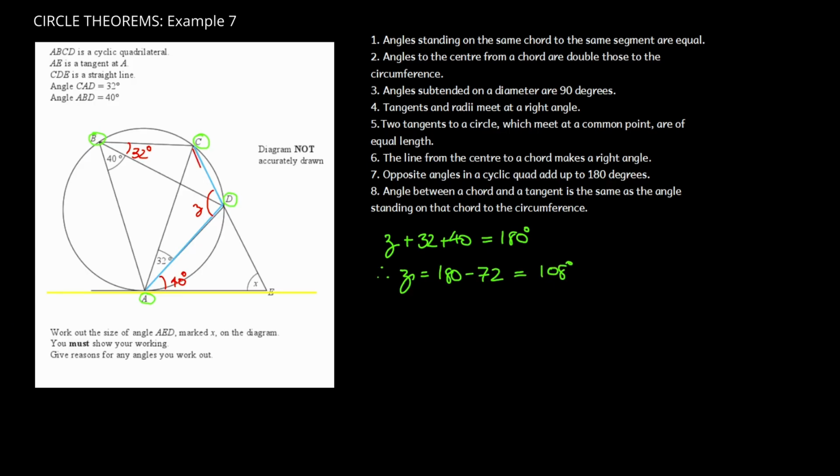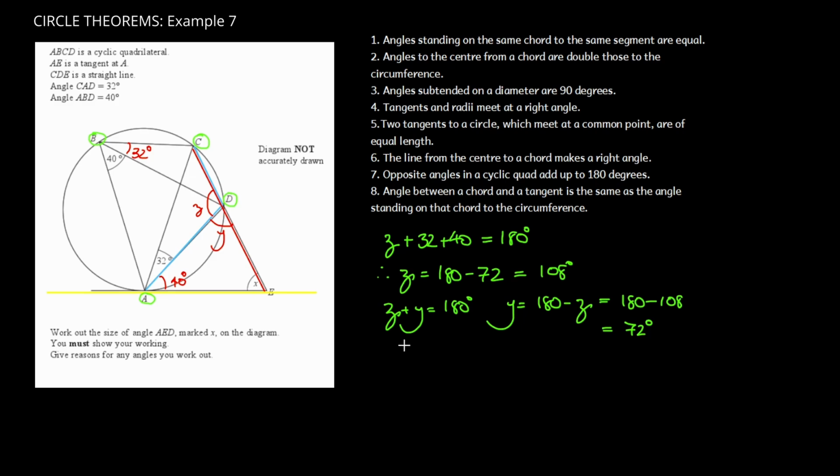Now, because the line CDE is a straight line, Z and another angle we're hugely interested in finding out what it is, let's call it Y, Z plus Y must equal 180 degrees. And Y is equal to 180 minus Z, which is equal to 180 minus 108, and that is equal to 72.